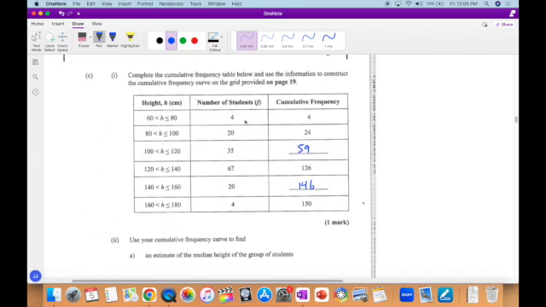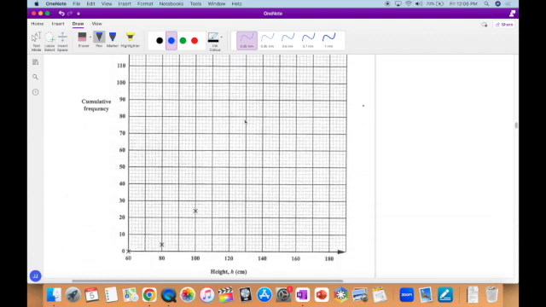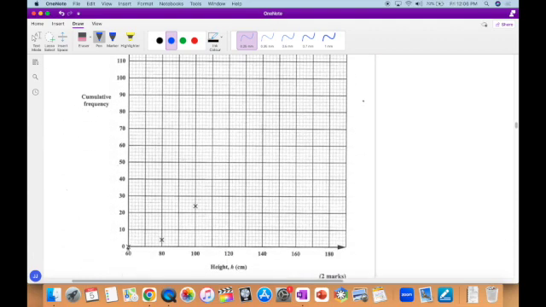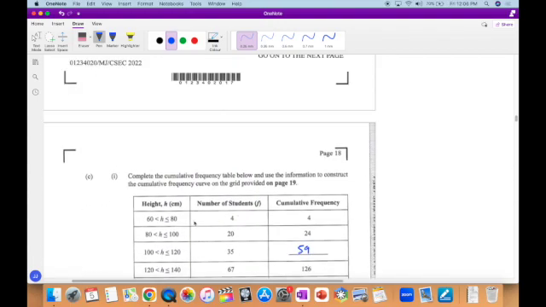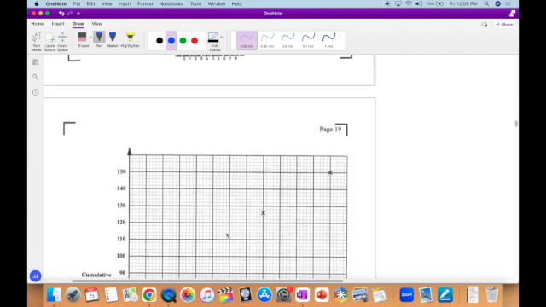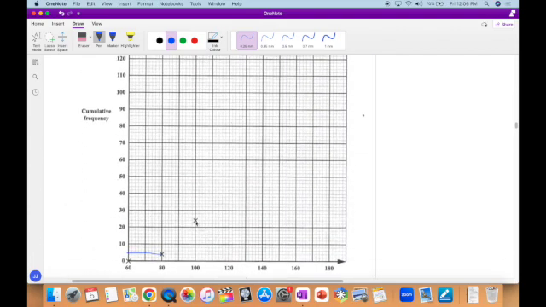From the height of 60, the number of students is around 4. I guess they put that at 0. No, look here, they use the upper boundaries. So 80 students, you can see that at 100 is 20 students.